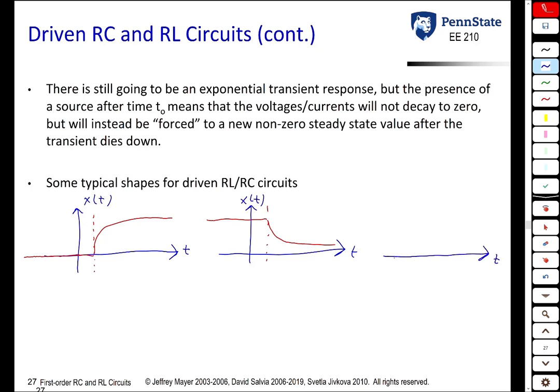You could have a situation where you start off at one steady state value, change in the circuit at t0, and the value goes from here, maybe down to here. So once again, depending upon what x of t is, you could even have a situation where there's a discontinuity in that variable at time t0.